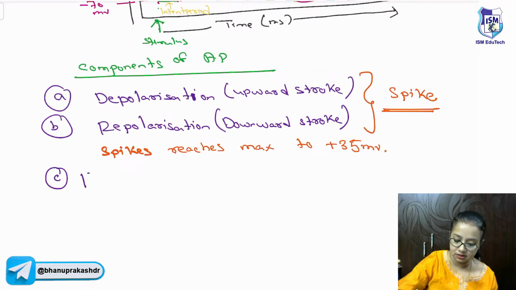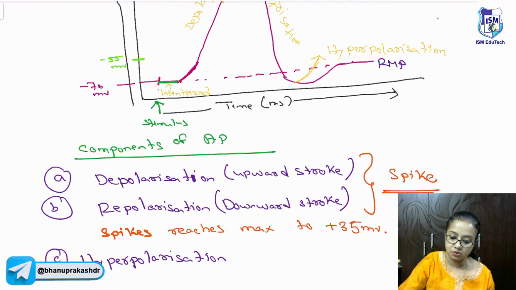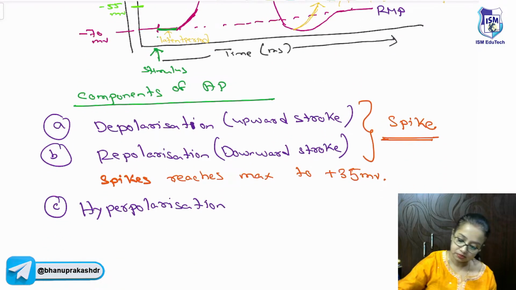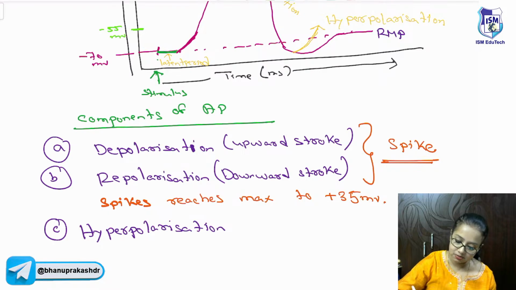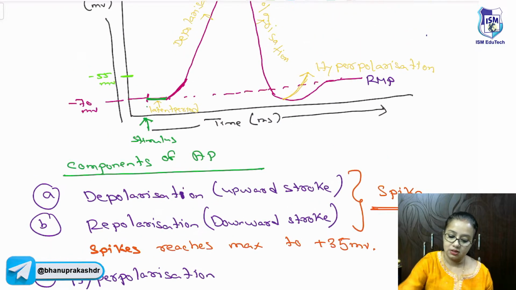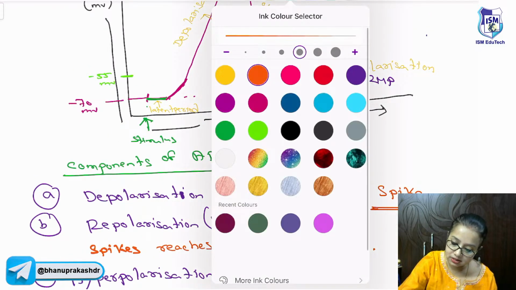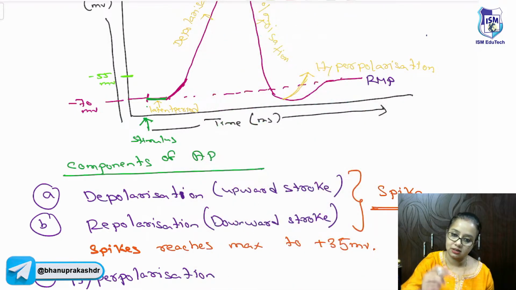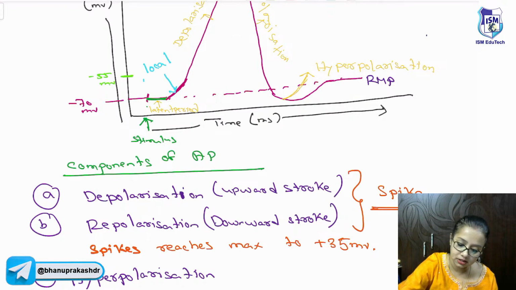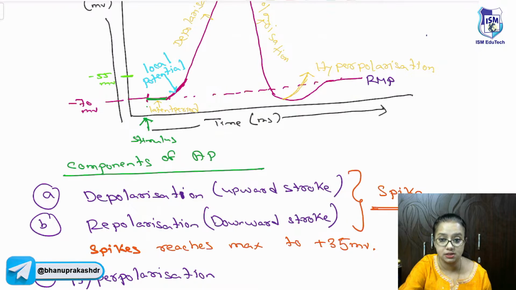Now, after this, what happens is the hyperpolarization. After that, it comes back to the resting membrane potential. Now, here there is a lagging behind, until it reaches minus 55 mV. This is called the local potential.